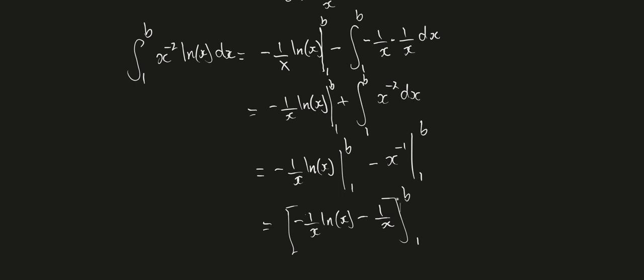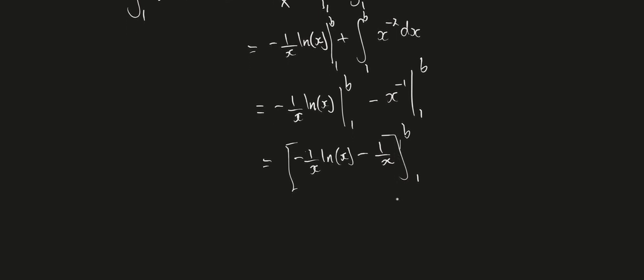So at the upper limit, again, it's not a number. We're just going to put this expression in. So it is negative 1 over b times the natural log of b minus 1 over b. So that's what I get when I put my placeholder in. And then at the lower limit, the natural log of 1 is 0, so I'll have minus 0, and then I will have 1 over 1, so minus 1.